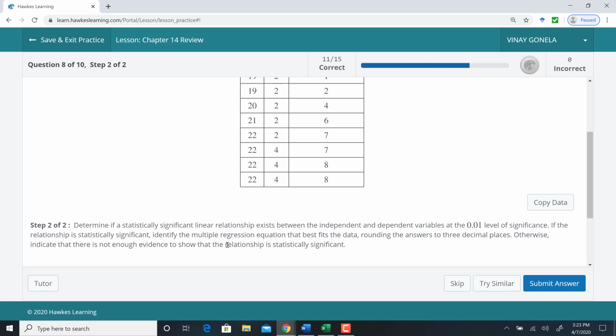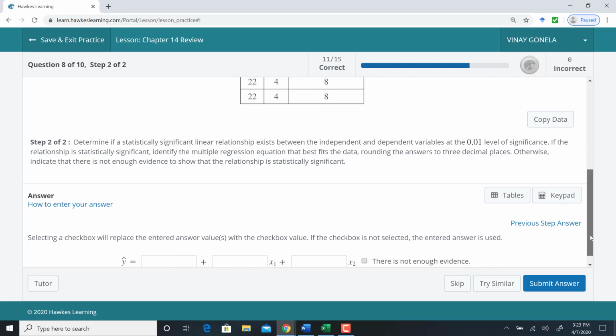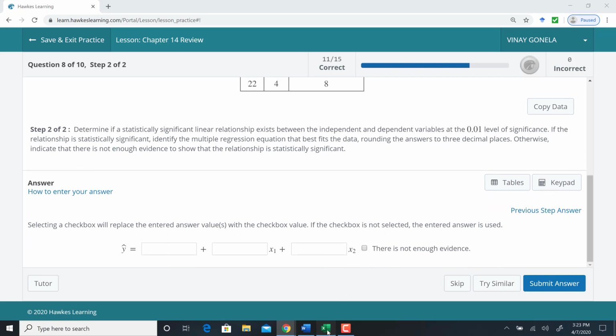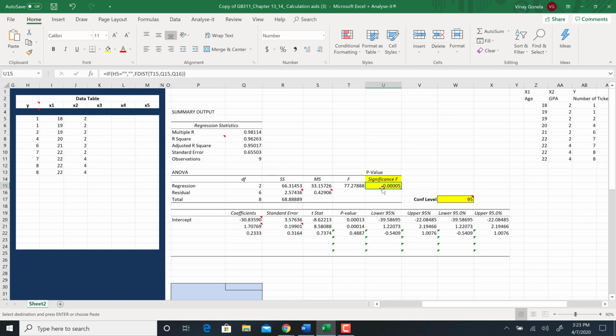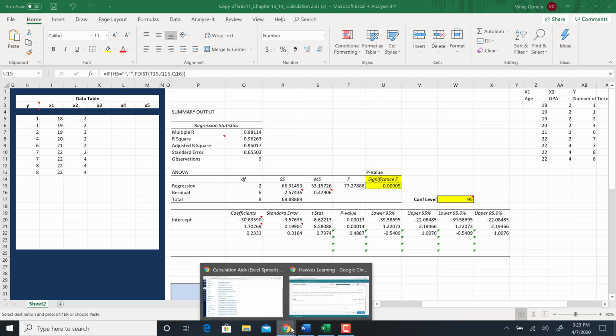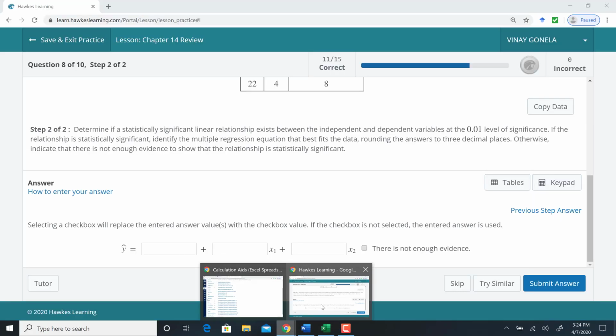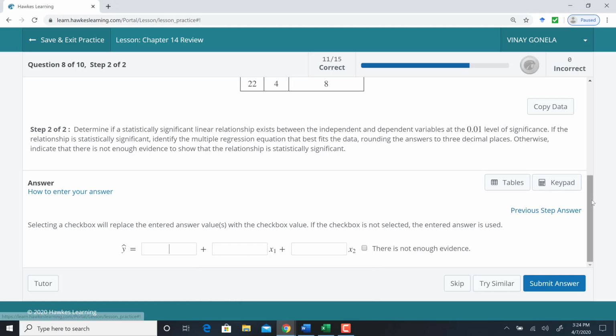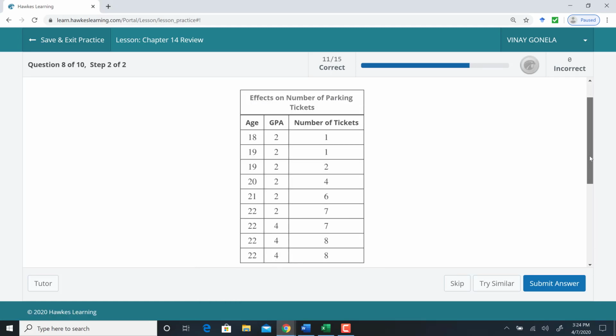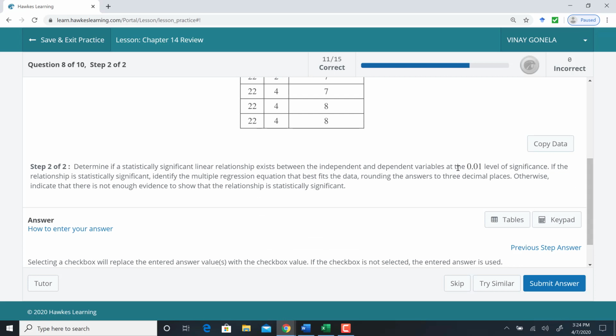Otherwise, indicate that there is not enough evidence to show that the relationship is statistically significant. The regression model is statistically significant if this p-value is less than alpha. They specified the alpha, which is 0.01.